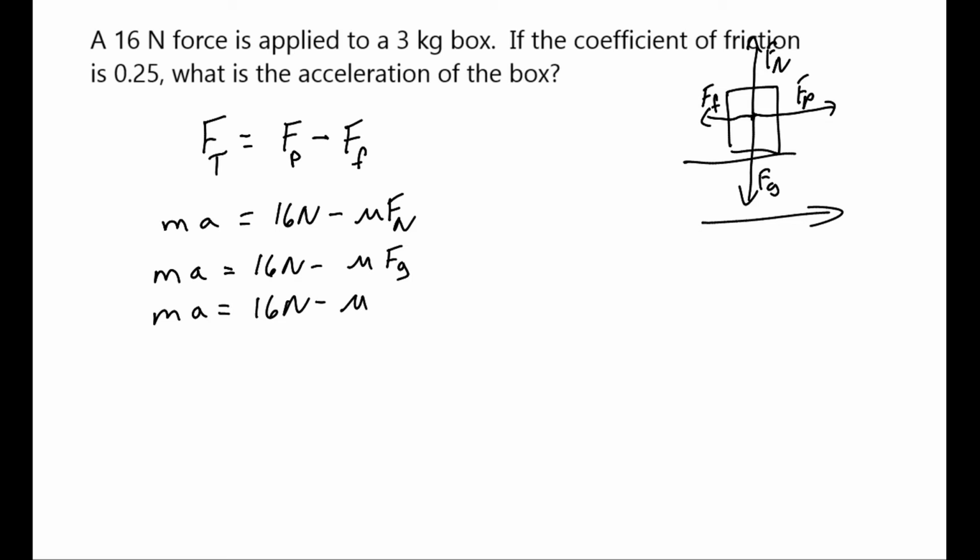And what does Fg equal? Mg. So force of gravity is equal to mass times acceleration due to gravity. So now I substitute in what we know. We say 3 kilograms times a, which is what we're looking for, equals 16 newtons minus mu, which is 0.25, times m, which is 3, times g, which is 9.8.